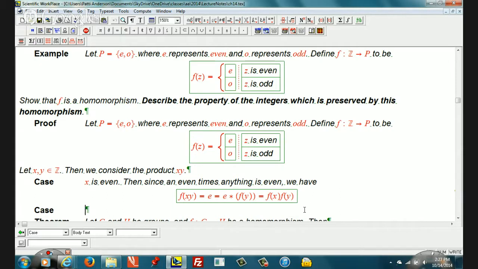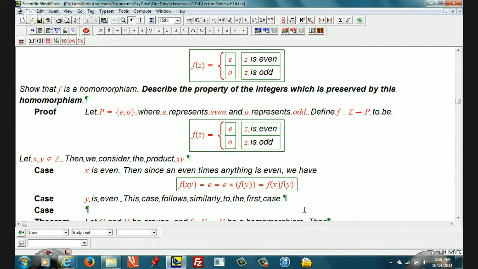The second case, y is even. In this case, similar. The E into the f of y.